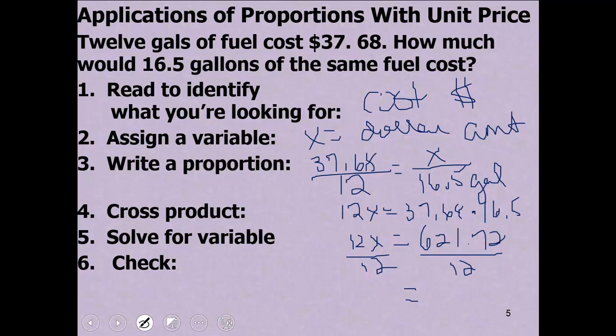And I get $51.81. All right? So 16.5 gallons is going to cost $51.81.